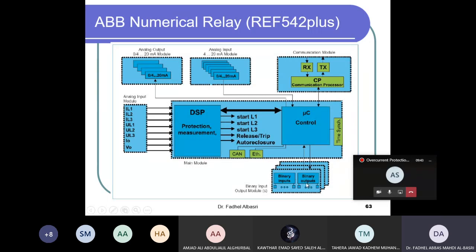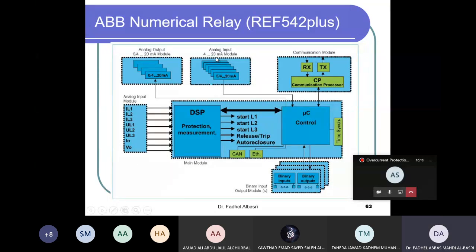We also have communication, where I can send a signal through a communication channel to another relay, through a transmitter and receiver communication module. Sometimes a relay can also receive an analog input instead of currents and voltages.